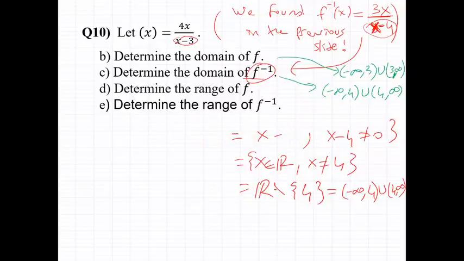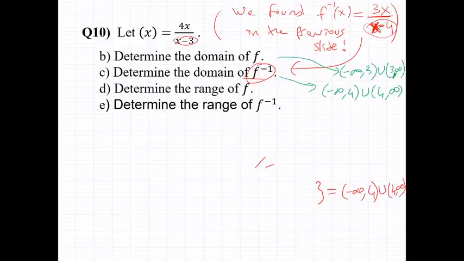Okay, now the range of f. This is very interesting because we didn't solve any range problem before. I mean, directly we didn't do such a problem, and most of the time it's hard to find the range. It's not very hard, but generally not straightforward.